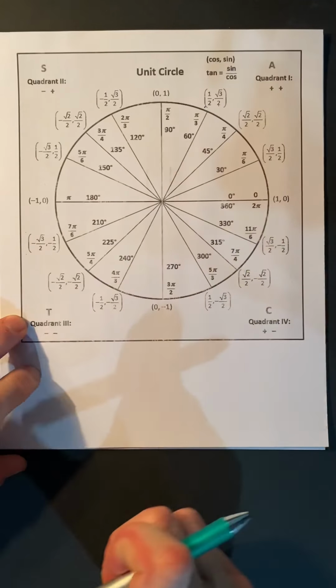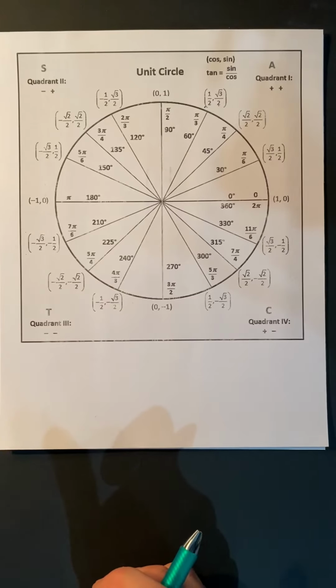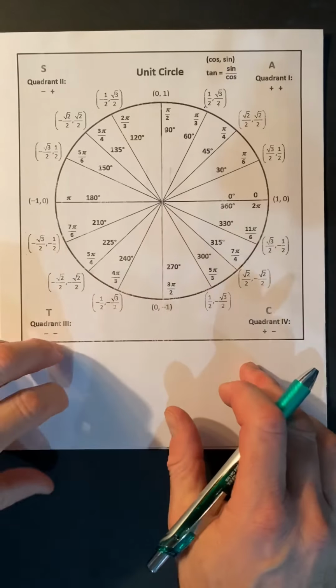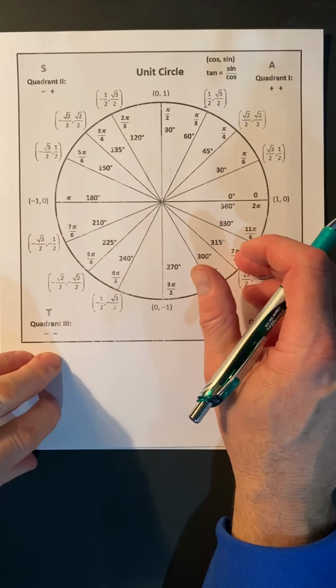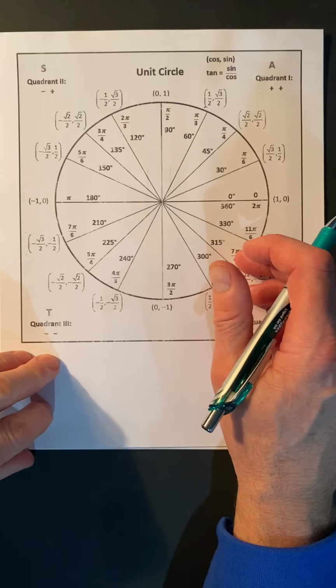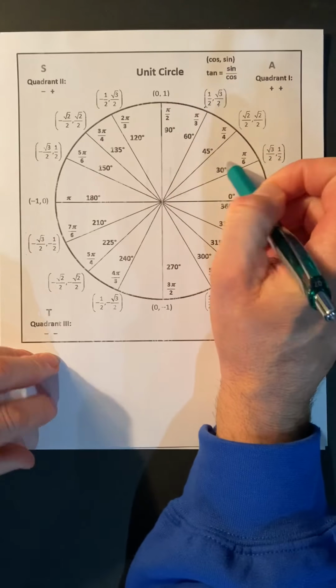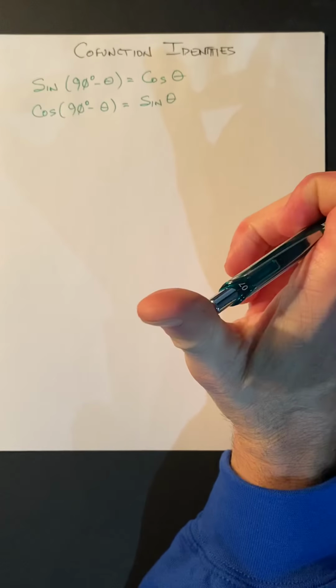If I go back to my unit circle and I'm thinking of the cosine of 60, I can write that as 90 minus 30, can't I?